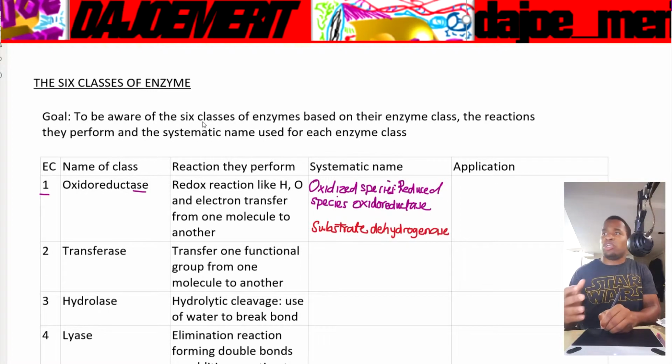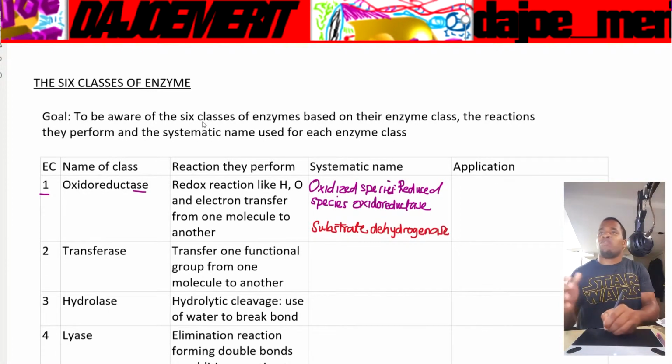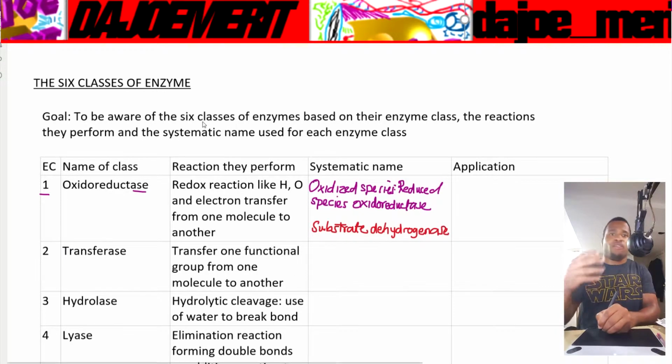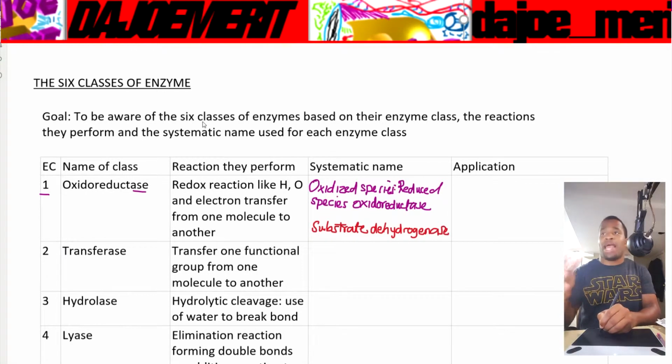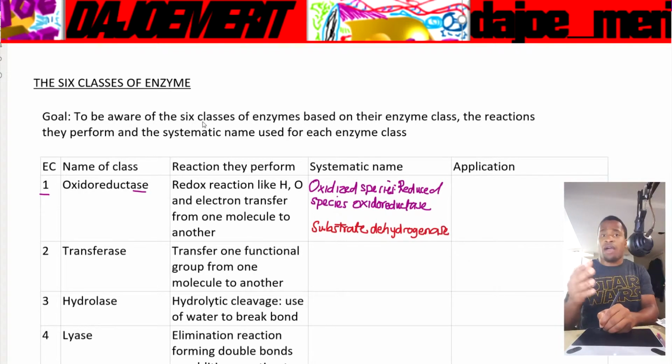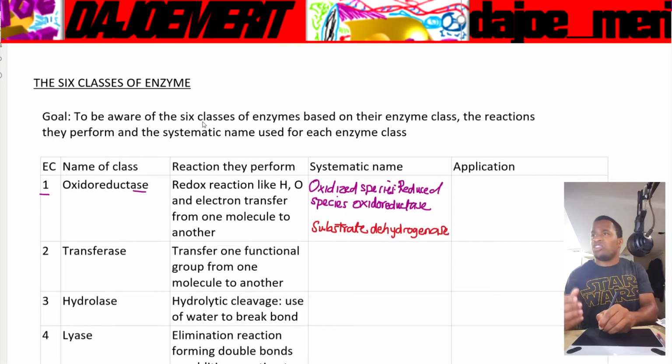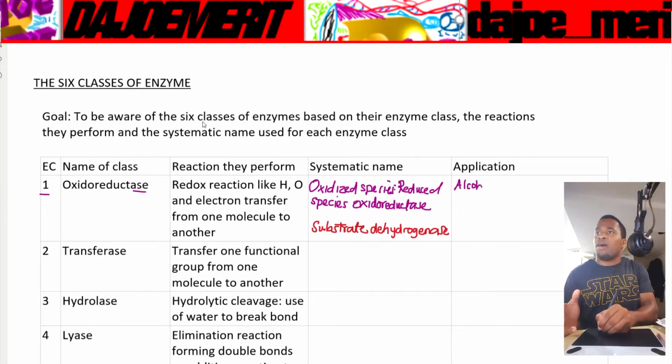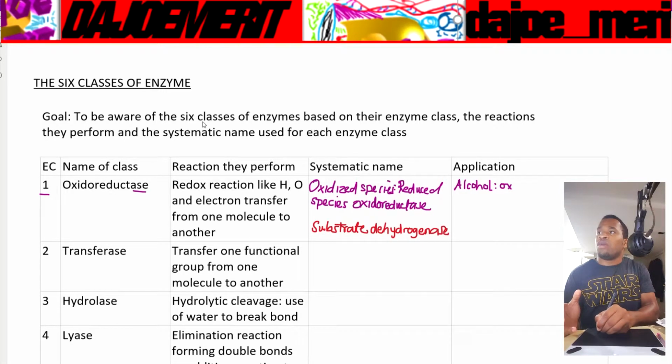So an application of these is, first, let's look at the top one and look for a name to apply to this particular format. So one is actually called alcohol reacting with oxygen. In this case, alcohol will be our oxidized species, and then oxygen will be our reduced species.